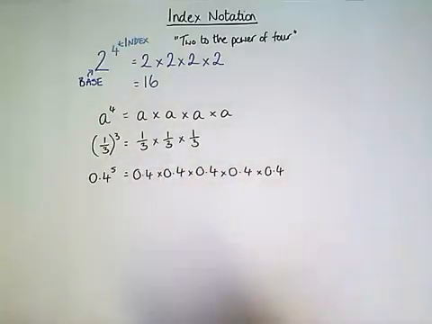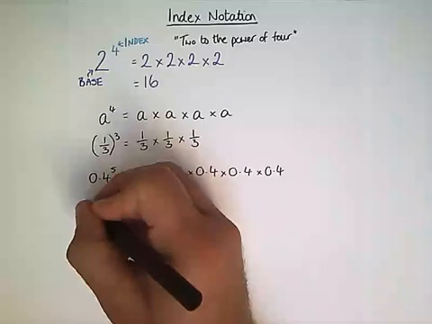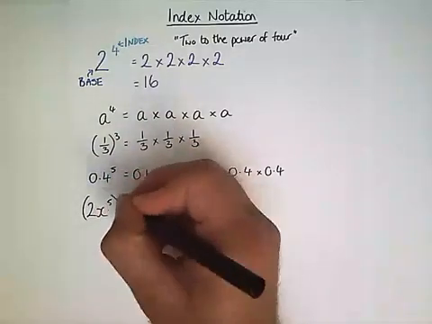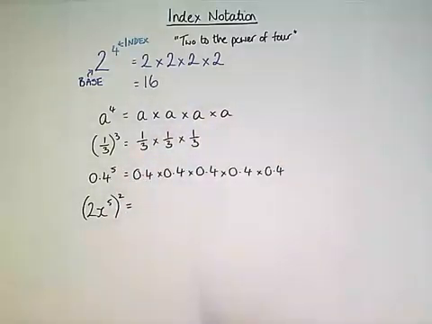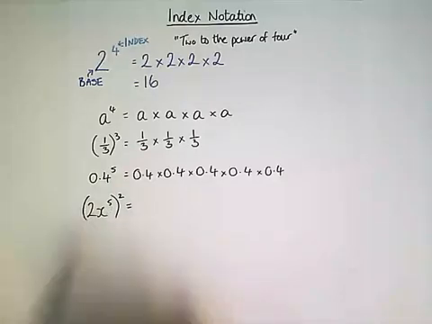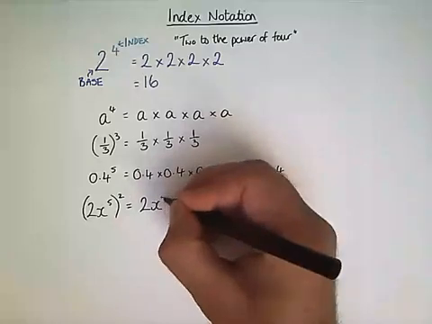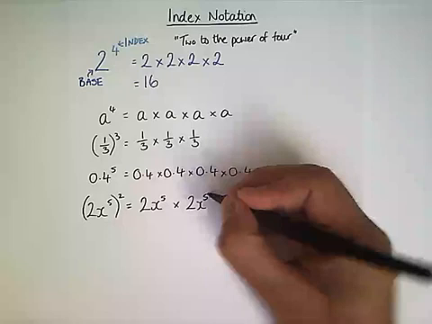Sometimes we might have a combination of letters, or numbers and letters. So if we had 2x to the power of 5 all squared, I'm squaring all of this, which means I'm timesing all of that by itself. I would just get 2x to the power of 5 multiplied by 2x to the power of 5.